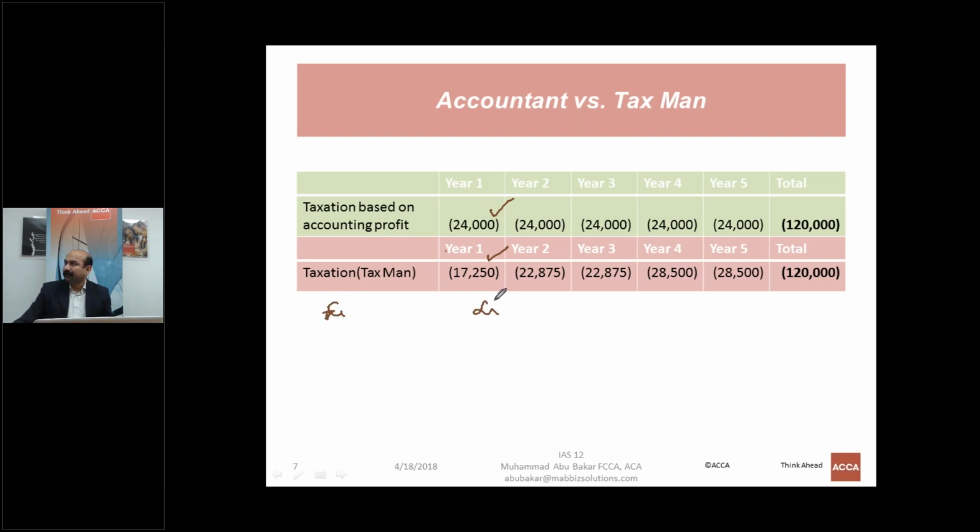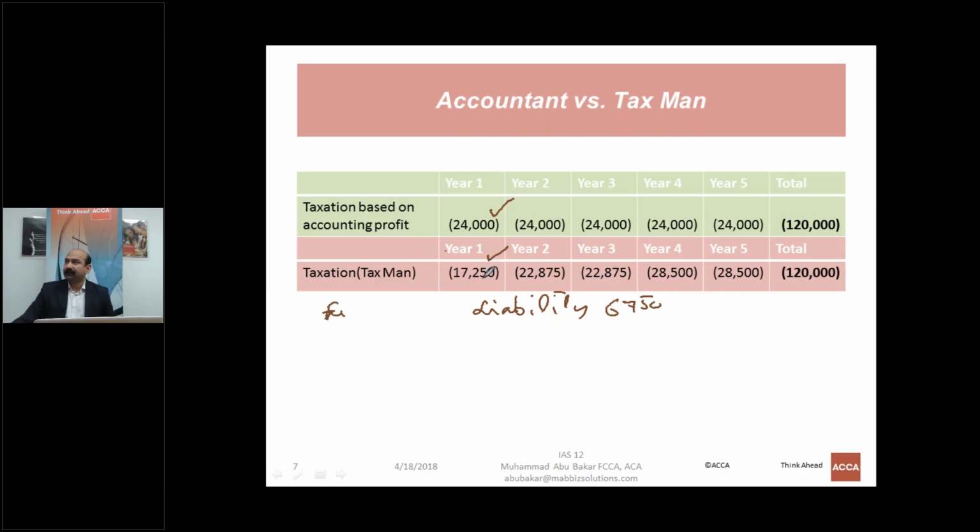If I just use the calculator to calculate it, the difference will become 24,000 minus 17,250, which is 6,750.